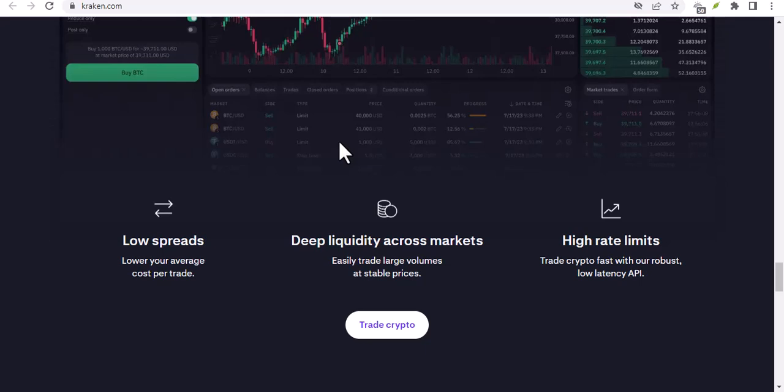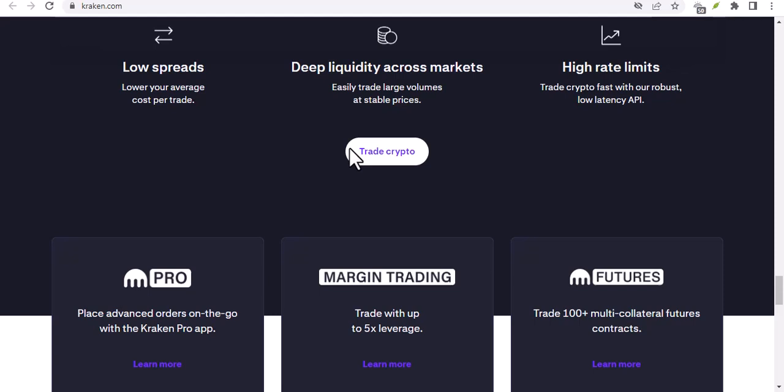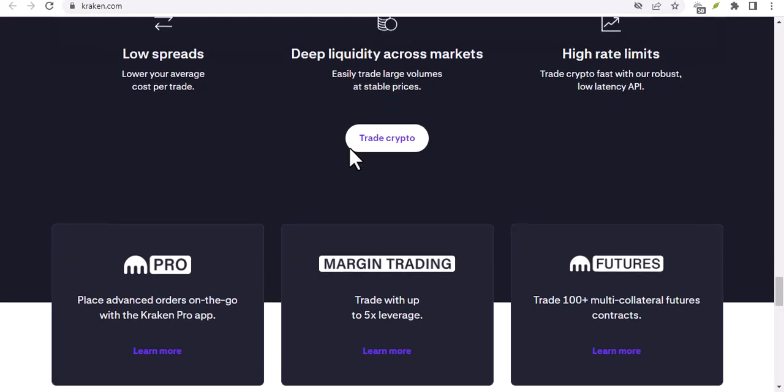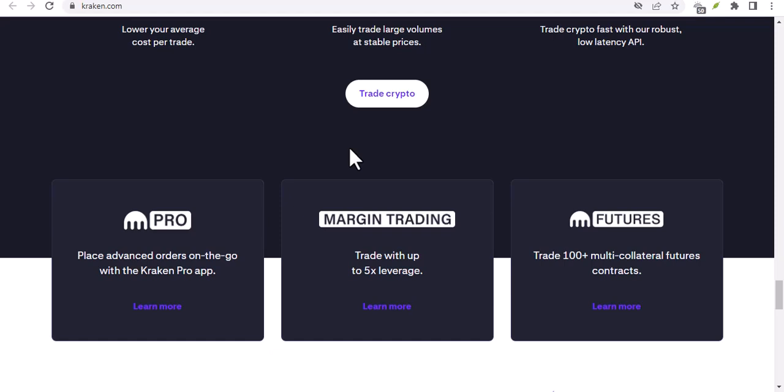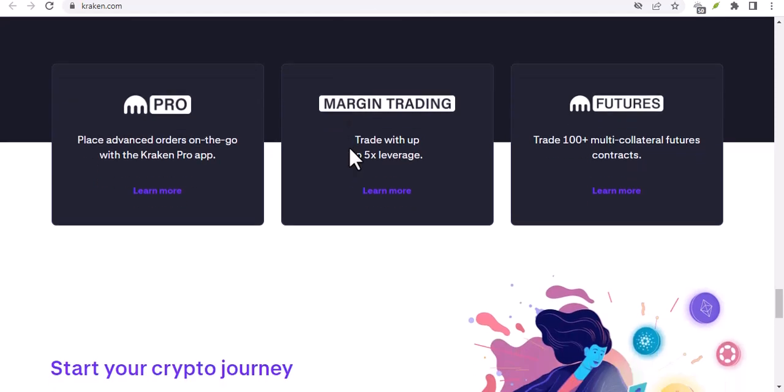Kraken's USDT trading pairs. Now, let's talk about the trading pairs involving USDT on Kraken. Kraken offers a wide range of USDT trading pairs, allowing you to trade USDT against a plethora of popular cryptocurrencies. Some of the most common USDT trading pairs on Kraken include BTC/USDT, trading Bitcoin, BTC, with USDT.